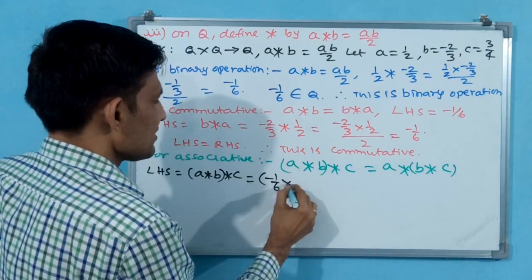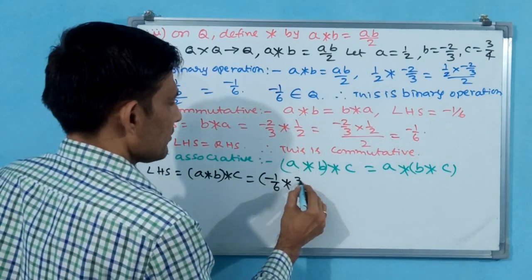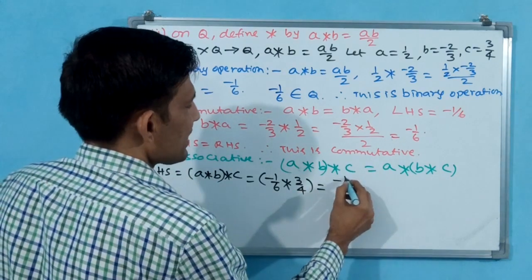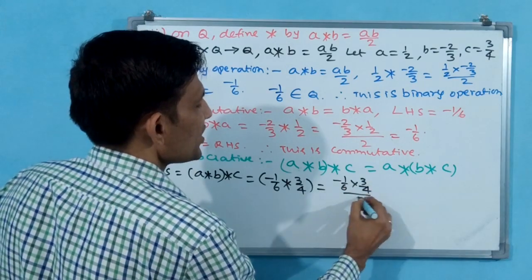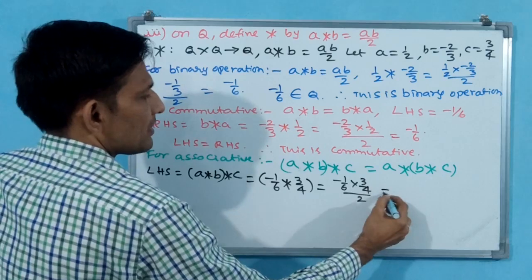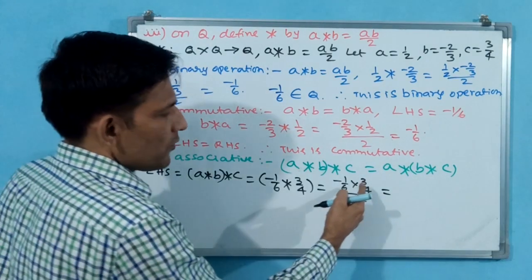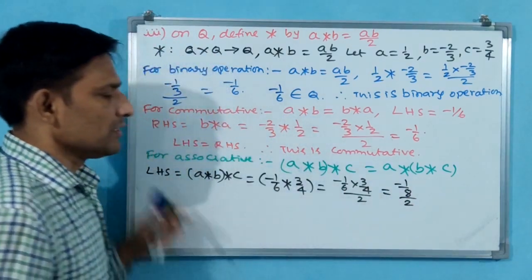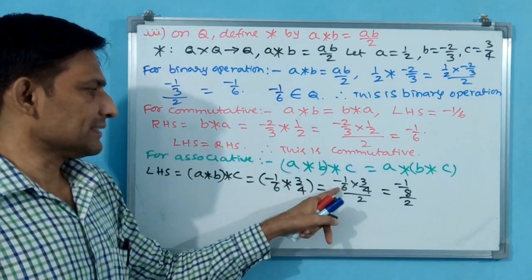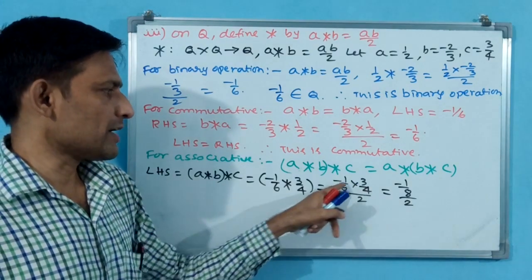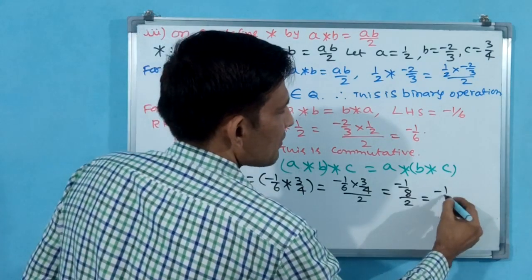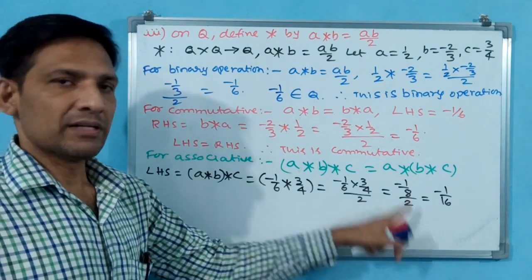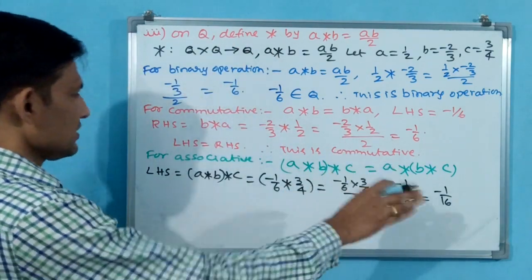You write minus 1 by 6 star C, 3 by 4. Now you remove the star: minus 1 by 6 into 3 by 4 by 2. Why? Because AB by 2. This is the operation. If you see now, 3 2 times, it goes minus 1 by 8 by 2. Is it correct? 3 2s are 6, 2 into 4 is 8. Minus 1 by 8 by 2, and this is minus 1 by 16. This is LHS.